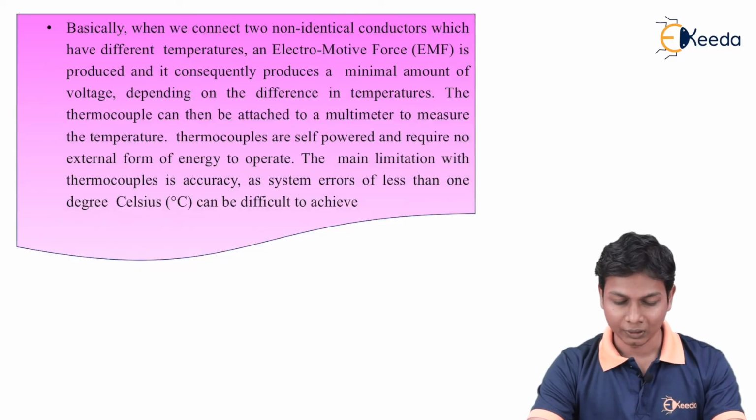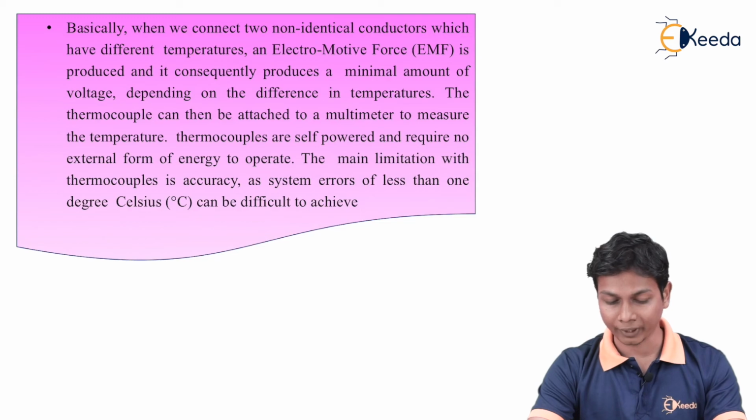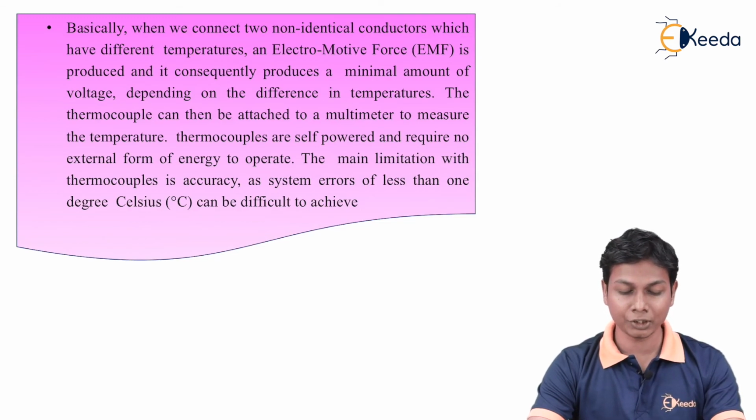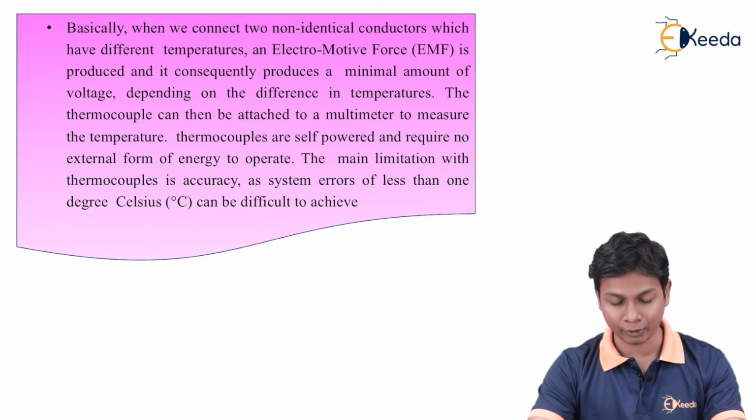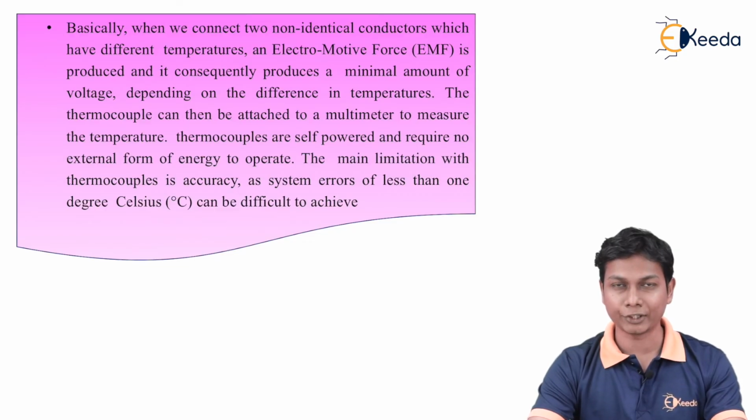Thermocouples are self-powered and do not require external energy to operate, and the main limitation of a thermocouple is accuracy, as a system error of less than 1 degree Celsius can be difficult to achieve.